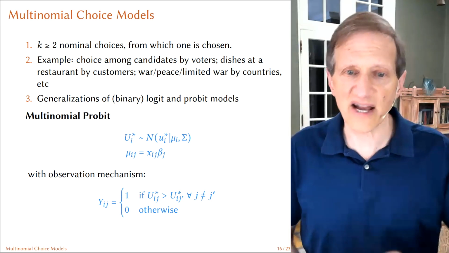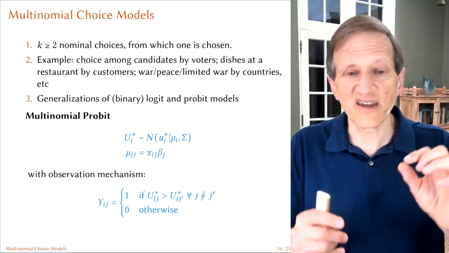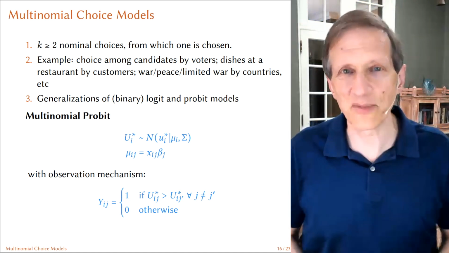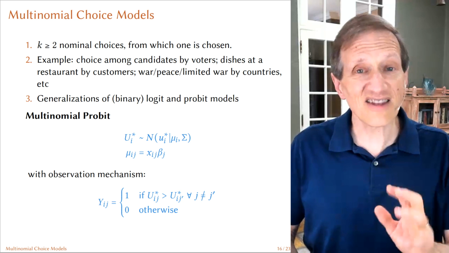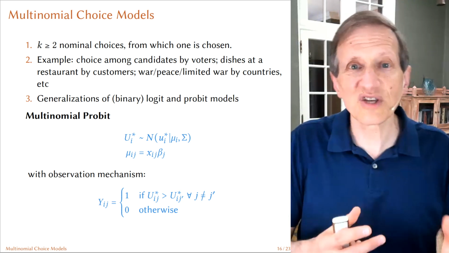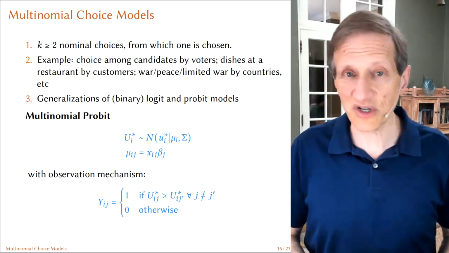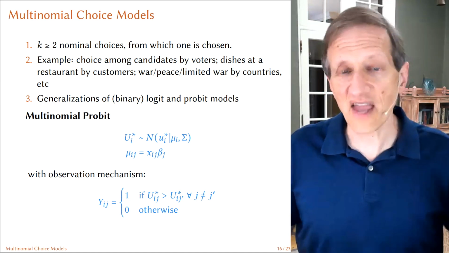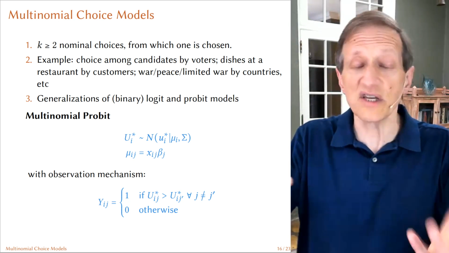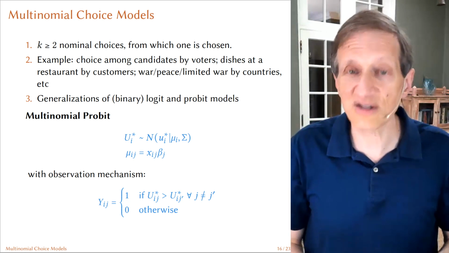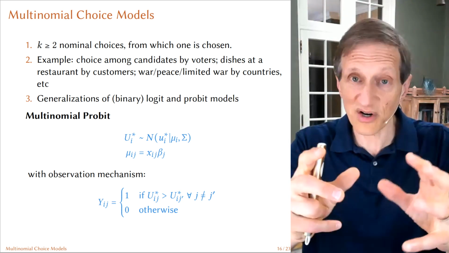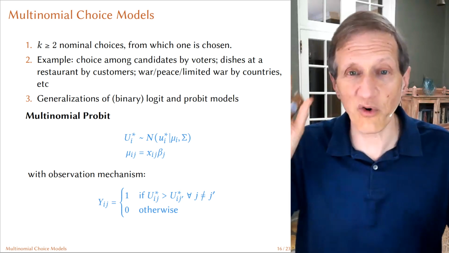So y_ij is going to be 0 or 1, and the 1 is what choice is it? Which of the nominal choices is it? And the key thing from an economics perspective is you're going to choose the outcome that gives you the highest utility. So if there's 5 candidates, you're going to choose the candidate that gives you the highest utility, which means that candidate 3, if that's your choice, the U3 is larger than U2, U1, U4, and U5.